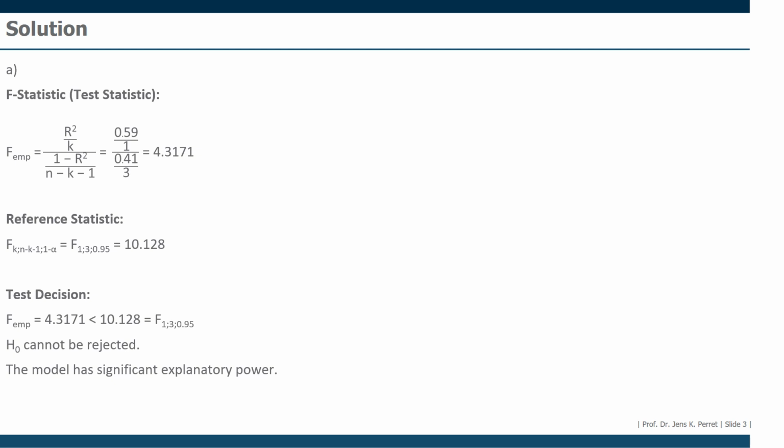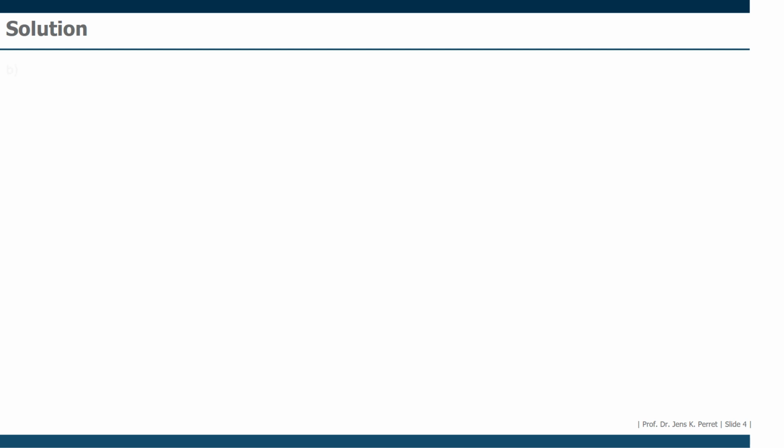Now in part B, we can turn to an error margin of 1%. So the test becoming stricter. As I said, we could theoretically use the same test statistic, then look up a new reference statistic.